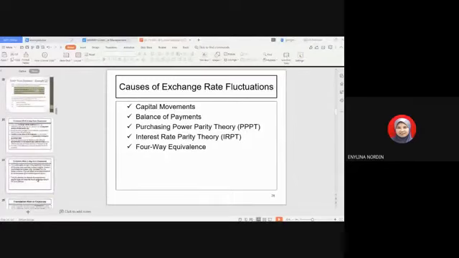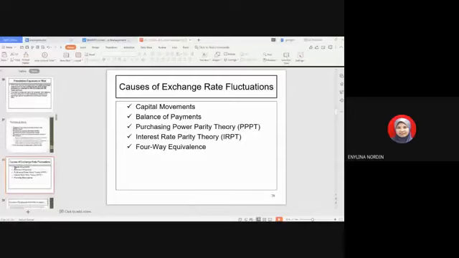The next one, we go to the causes of the exchange rate fluctuations. So these are the factors that influence the changes in the exchange rate. So factor ni lah yang menyebabkan exchange rate tu depreciate or appreciate, right?